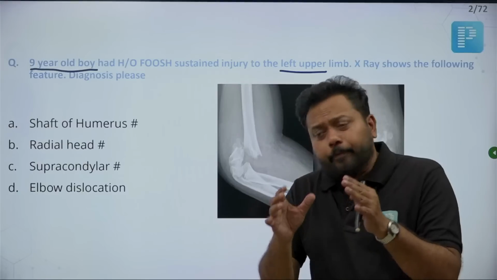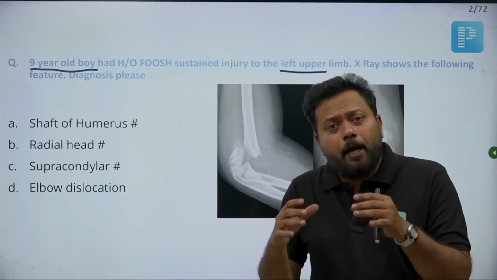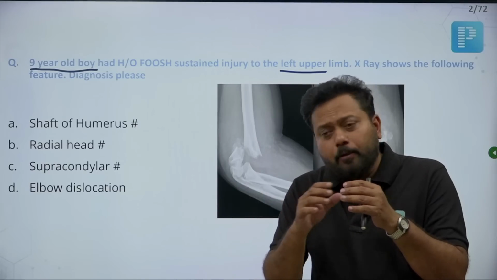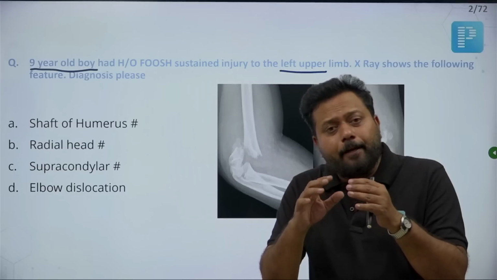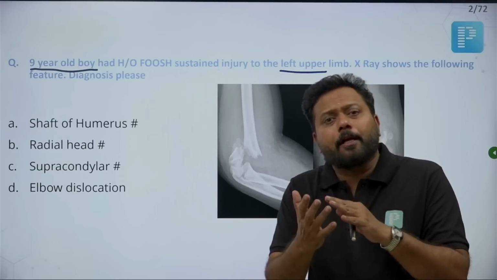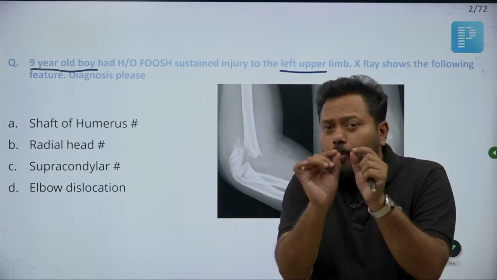And before 10 years, it's a growing bone, which means it is actively remodeling. The metaphyseal area and epiphyseal-metaphyseal junctions are remodeling very actively, so the bone is weak.